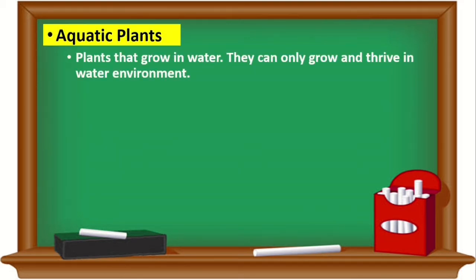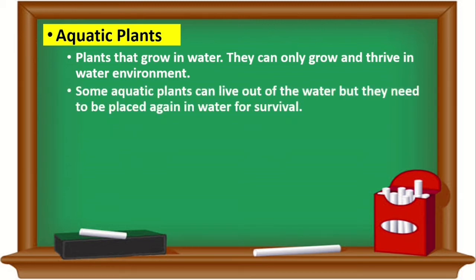Second, aquatic plants. These are the plants that grow in water. They can only grow and thrive in water environment. Some aquatic plants can live out of the water, but they need to be placed again in water for survival.